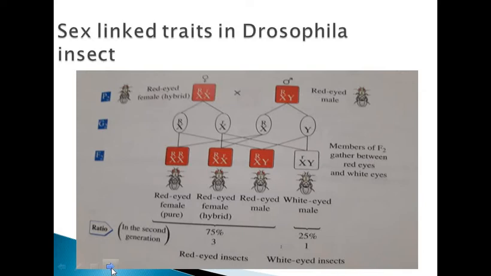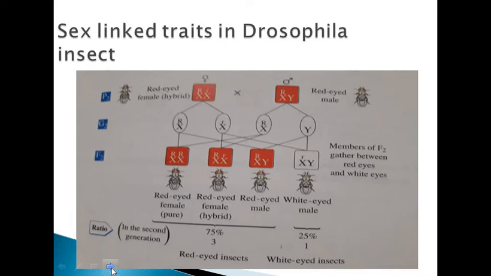That means it has one dominant gene only, and the second gene is recessive. So we write the genotype X R capital, X R small. And it is crossed with a red eye male, and here the male has the red eye with one dominant gene only on the X chromosome. So the genotype will be XR capital Y.